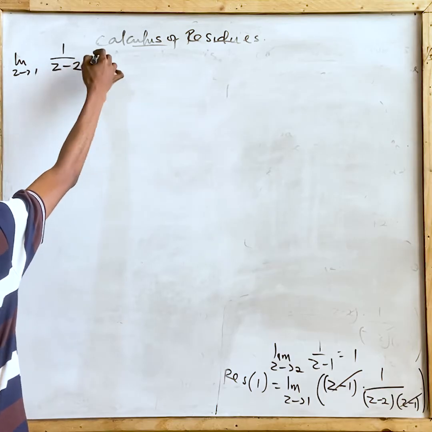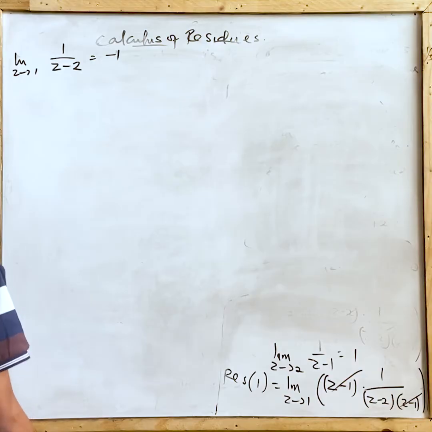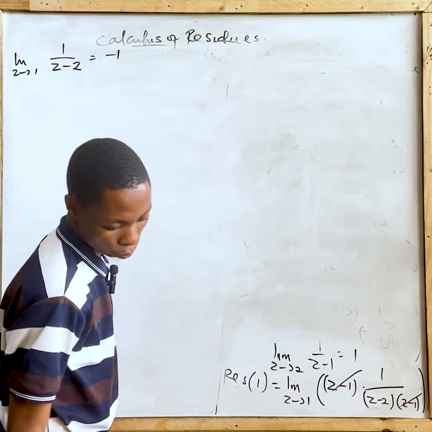If you put 1 here, that is 1 over 1 minus 2, which is minus 1. That is how to find the residue at a simple pole.